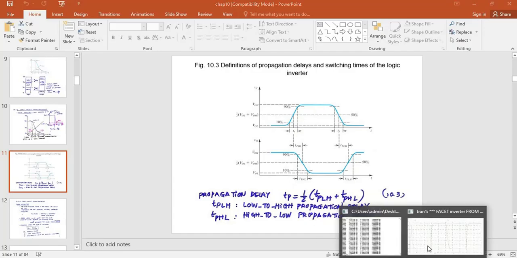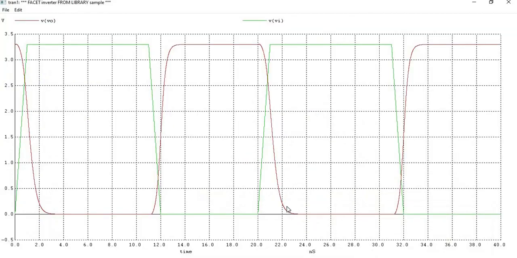Going back to the simulation, how can we do that? From your output waveform, that is the red one. Since this is the transition from high to low, the difference between our V out and V in at this point would be TPHL.